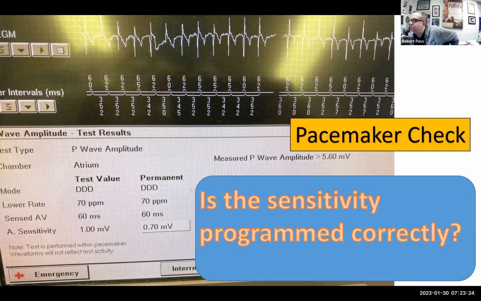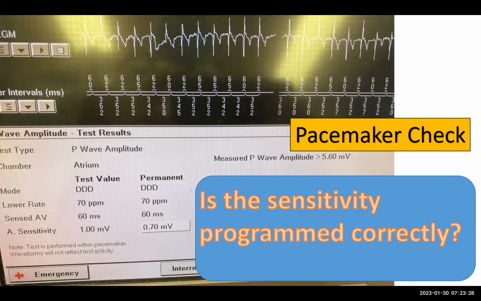But you also do not want to oversense in a way that the pacemaker will consider something that has an amplitude of 0.7 or less a P wave, which it might not be. And since we know that all the P waves are above 5.6, I think the sensitivity should be adjusted to be less sensitive.